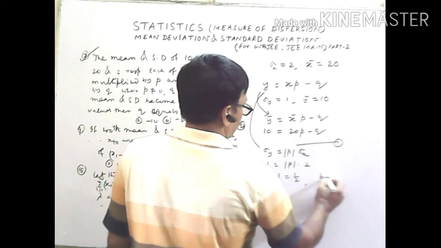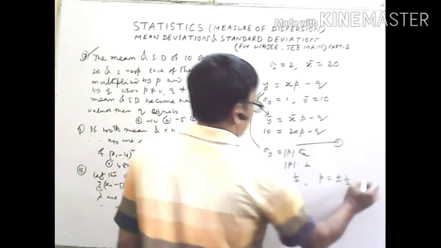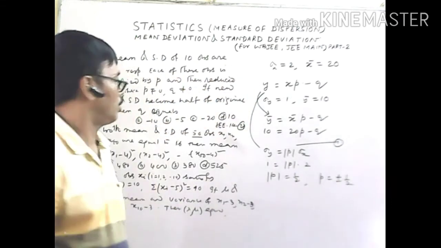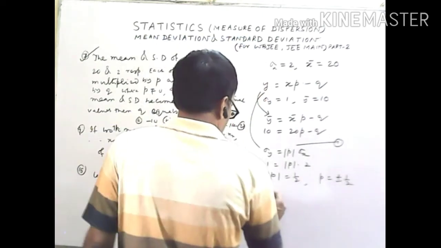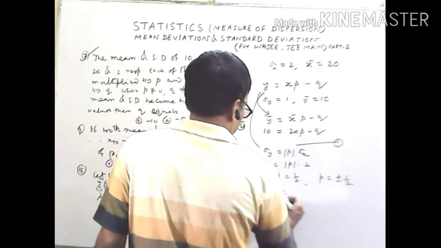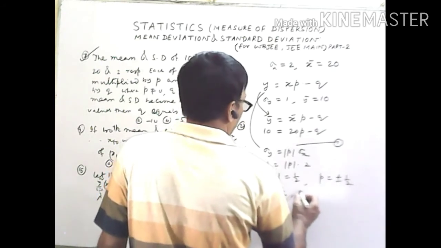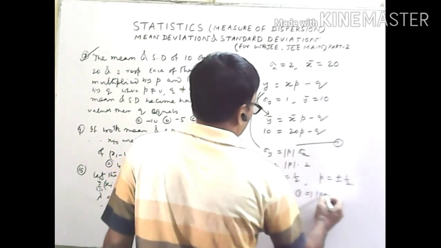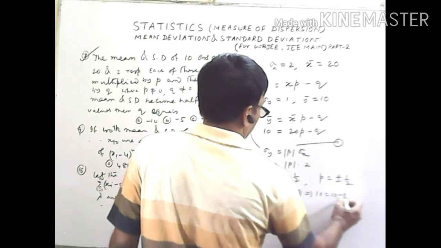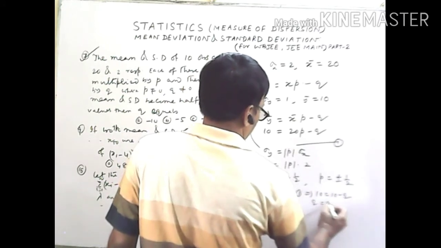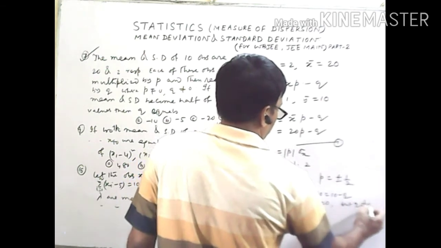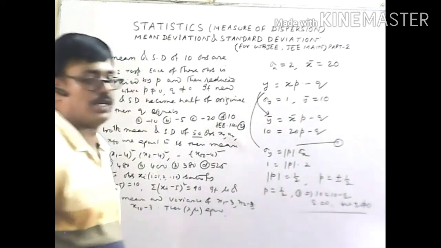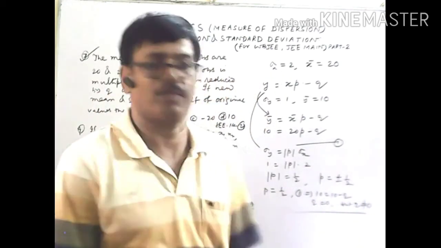So p equals plus or minus half. If we consider p equals half, then equation 1 gives 10 equals 10 minus q, so q equals 0. But q is not equal to 0. So this case is not possible.